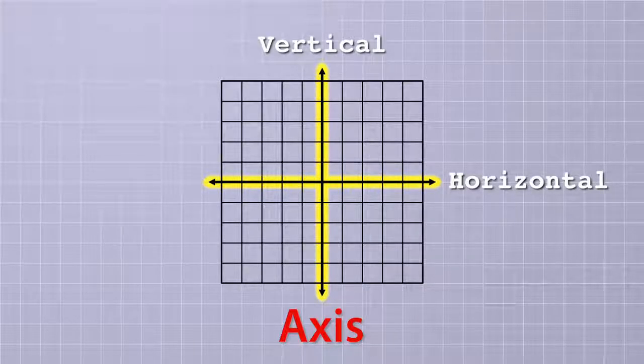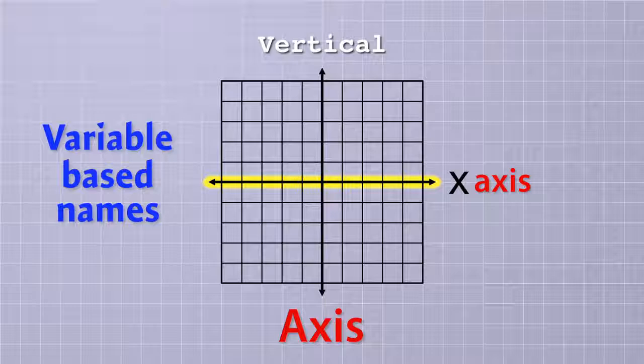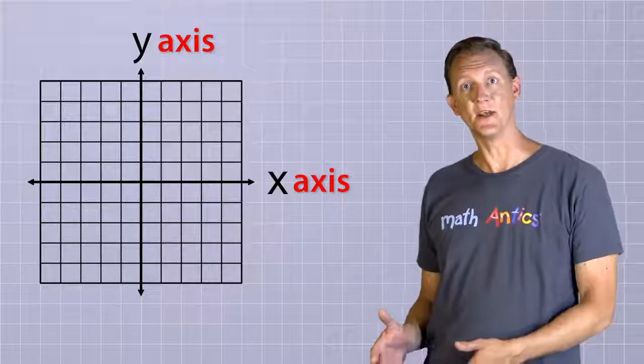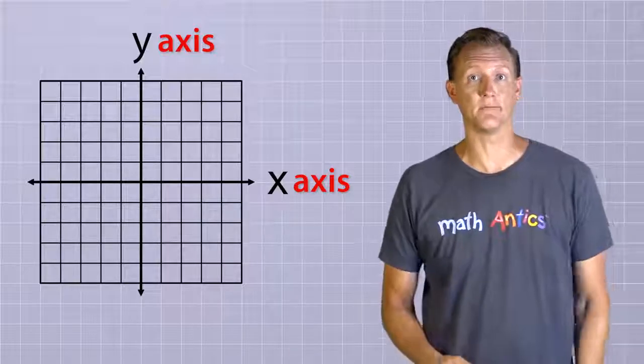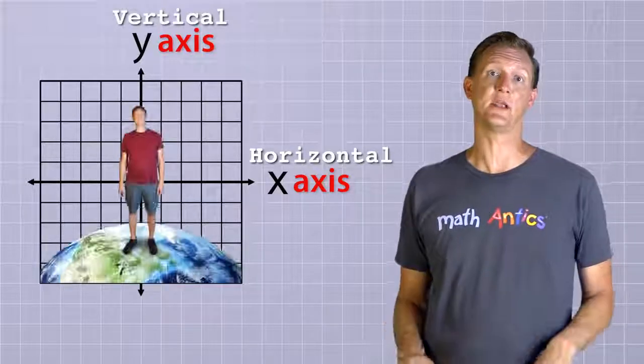But even more often, the axes are referred to by variable-based names. The horizontal axis is called the x-axis, and the vertical axis is called the y-axis. Why use variable names? Well, there's two good reasons. The first is that variable names are more flexible than horizontal and vertical, which relate to specific orientations in space that may not always be relevant.